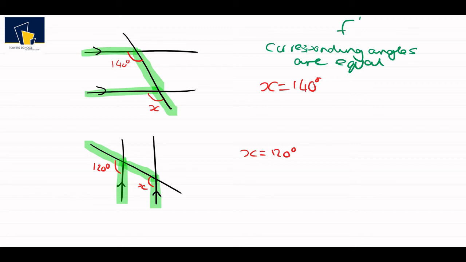Now let's have a look at supplementary or co-interior angles. Supplementary angles add up to 180 degrees.